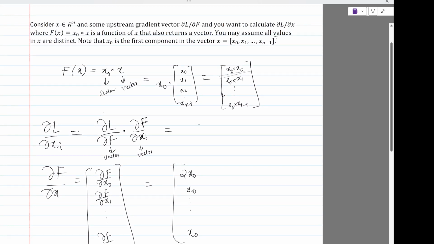So if I take a dot product, it should be something like, let's say sum over j of del L by del fj into del fj by del xi. So this fj is the jth entry of this vector, and this is the partial derivative of the jth entry with the xi variable.